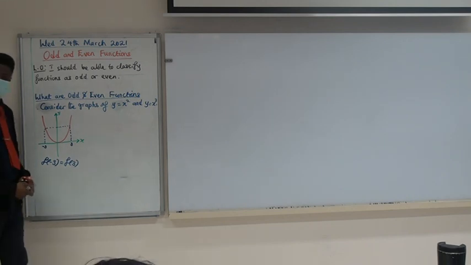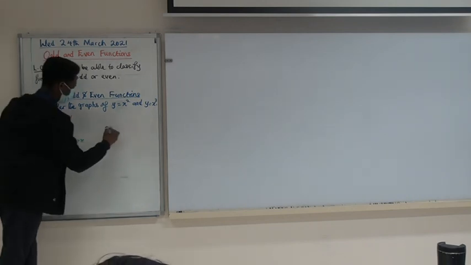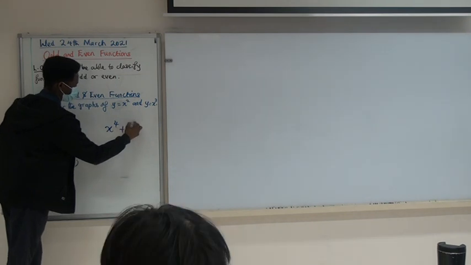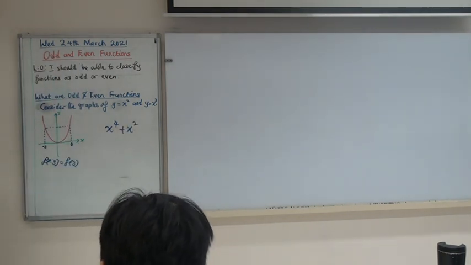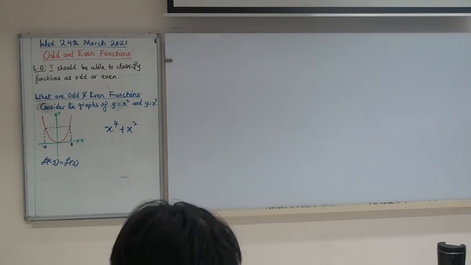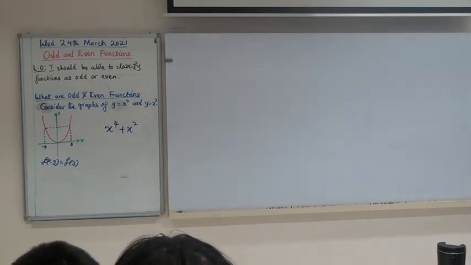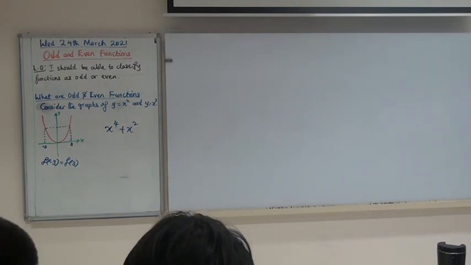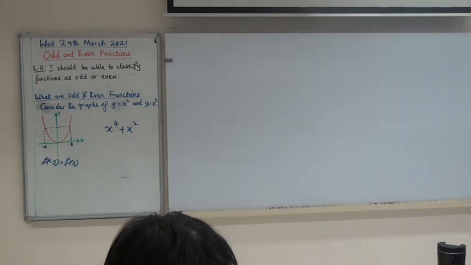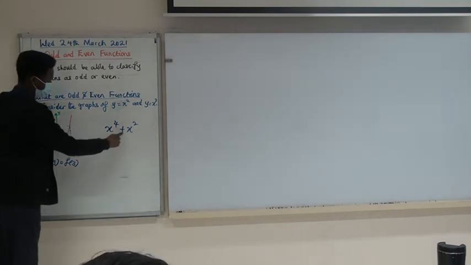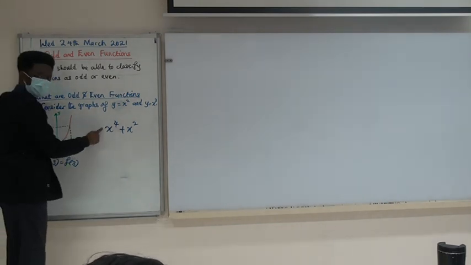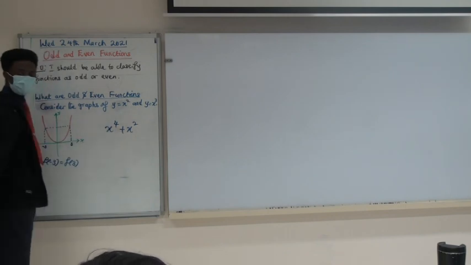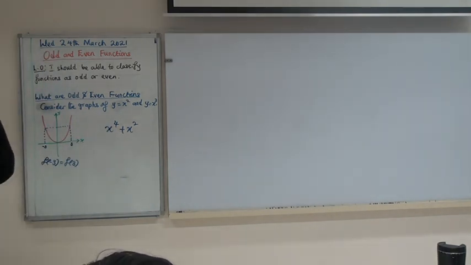Put on your Desmos app, x to the power 4 plus x squared. Let's see if we can see this behavior again. Do you get the same symmetry? Yes. Put any coefficient you wish, plus or minus, for the power 4 and for the power 2.